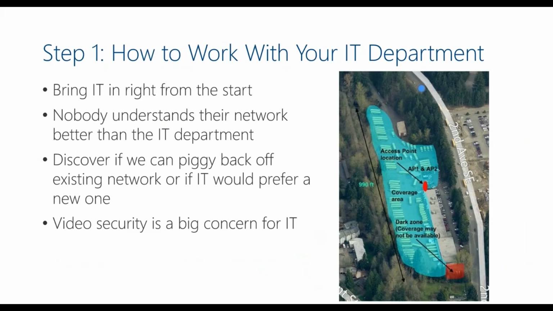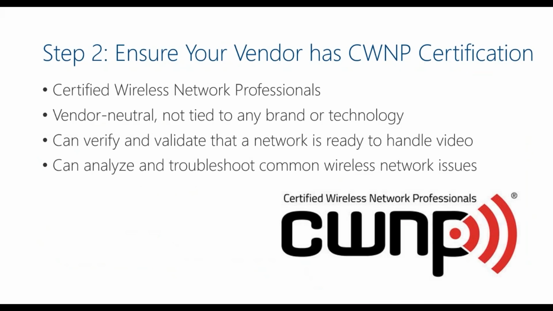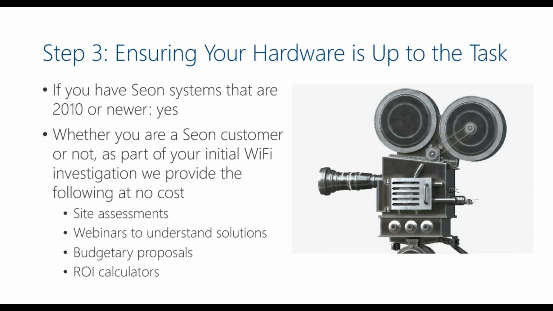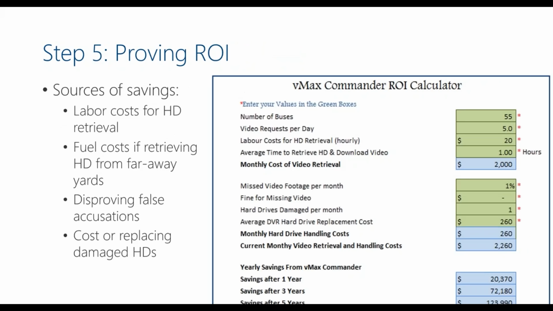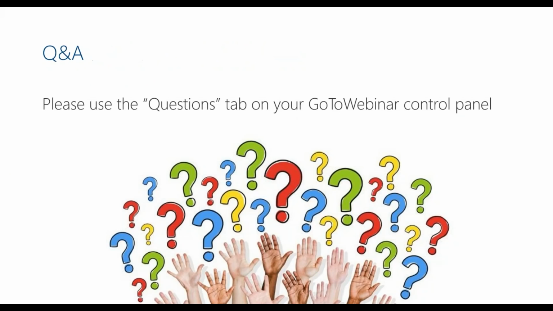We talked about the importance of working with your IT department, ensuring that your vendor has CWNP certification for installing those networks with your IT department, how to check if your hardware is up to the task, how to do more with less, and how to prove your business case with the ROI calculator. So let's get to the questions.